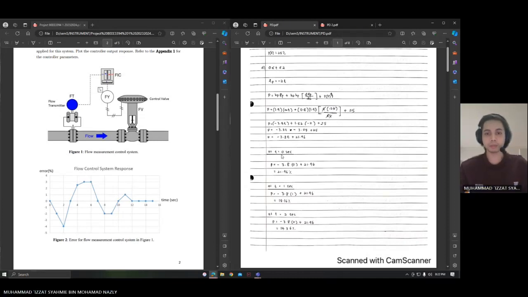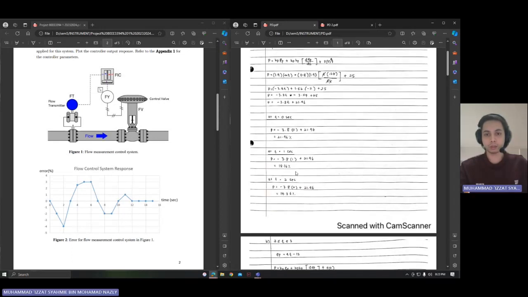At first, at t equal 0 seconds, we insert the time 0 into this answer, so 21.96, and we got the answer 21.96%. At time 1 second, we insert 1, and then we got 18.16%.